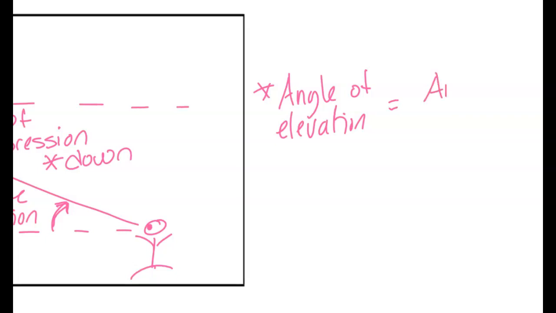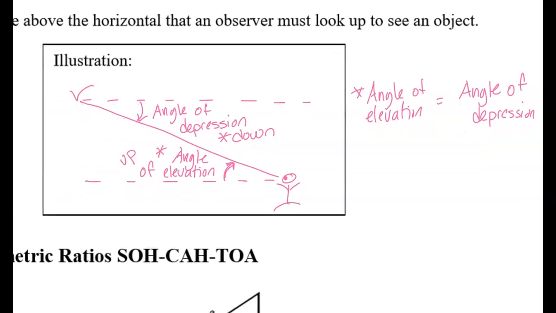Yes. They're equal to each other because they are alternate interior angles. Like we said, both of these lines are parallel with the horizon, meaning they're parallel to each other. So they are alternate interior angles.